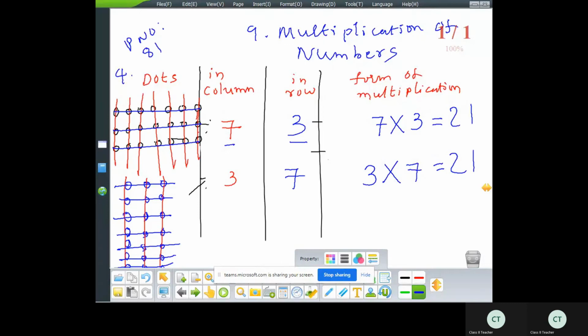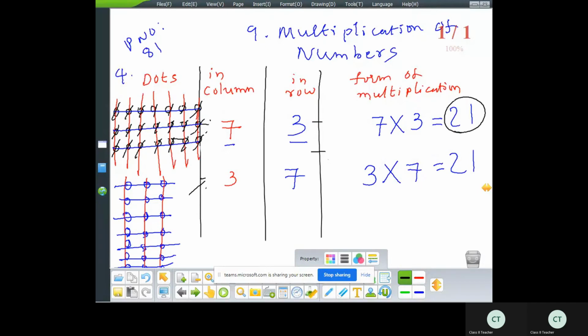First we count how many dots are there. 1, 2, 3, 4, 5, 6, 7, 8, 9, 10, 11, 12, 13, 14, 15, 16, 17, 18, 19, 20, 21. 21 is correct.